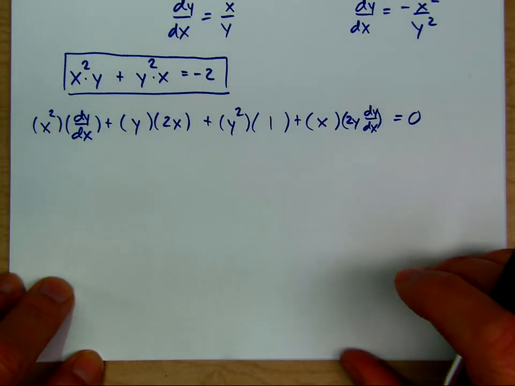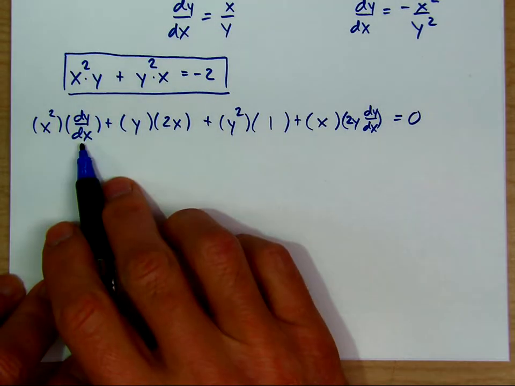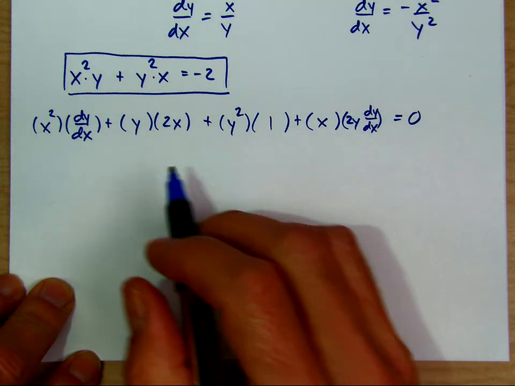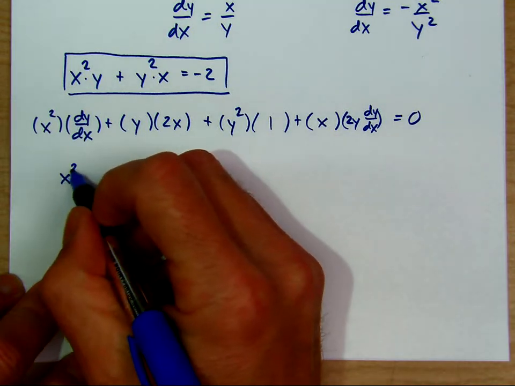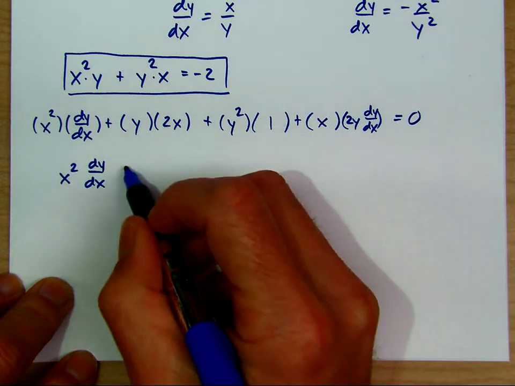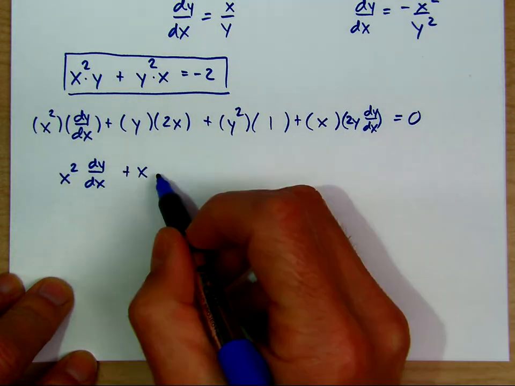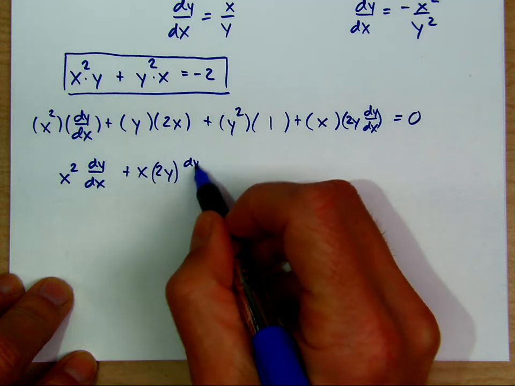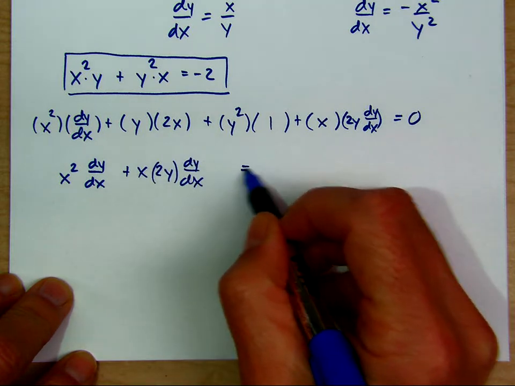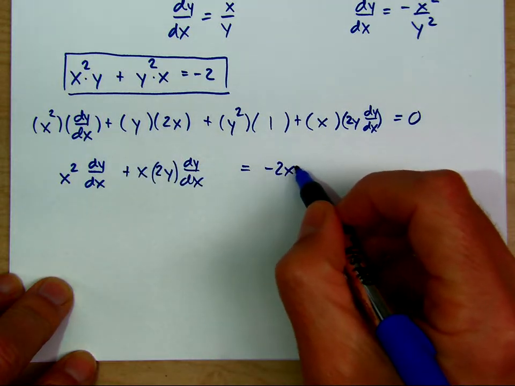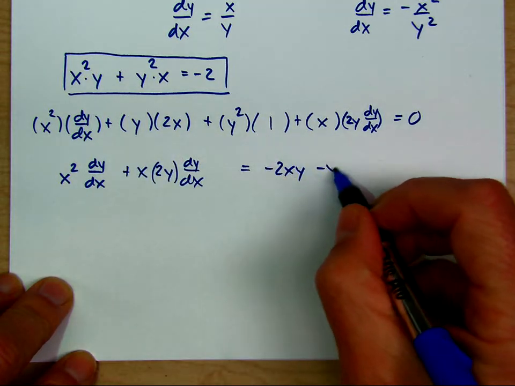Now we need to isolate dy dx, so we're going to leave this on the left, leave that on the left, and we'll subtract these. And we'll leave this over here. And then we'll subtract this, so 2xy, and subtract that.